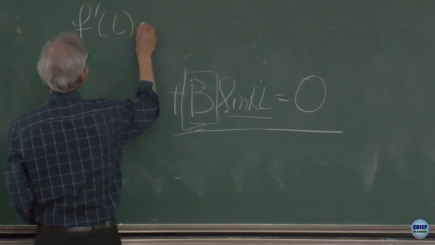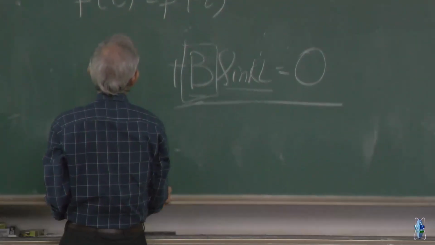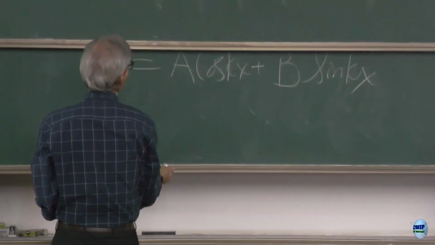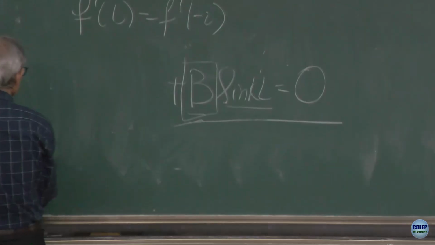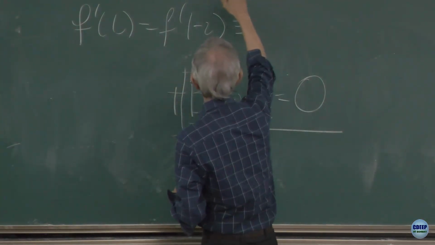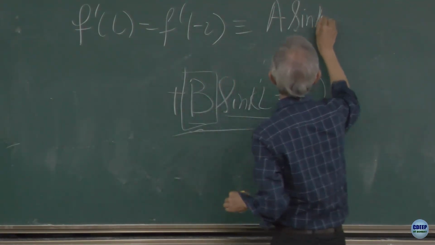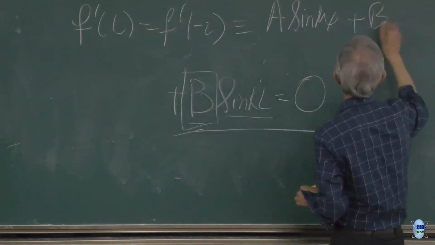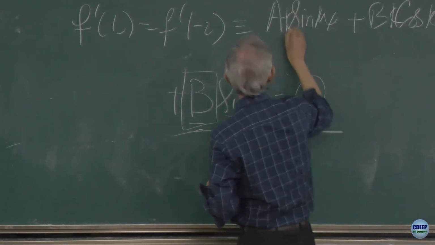f prime of L is f prime of minus L. So f prime of x is equal to minus ak sin kx plus bk cos kx. There's a k hanging in there.